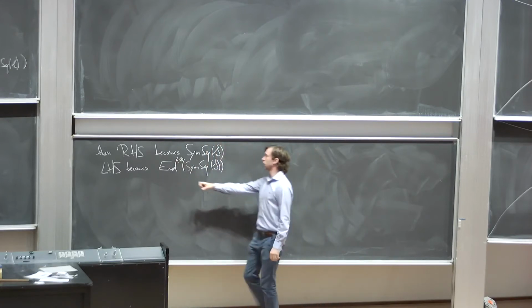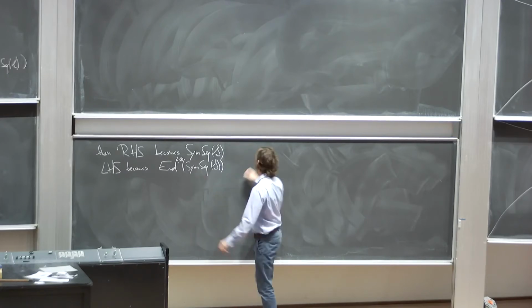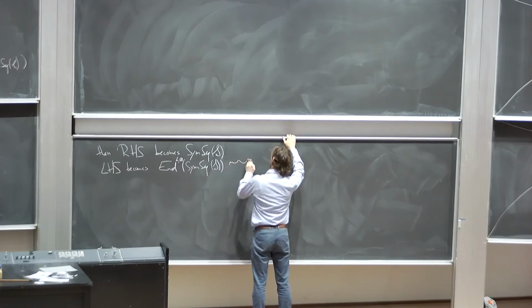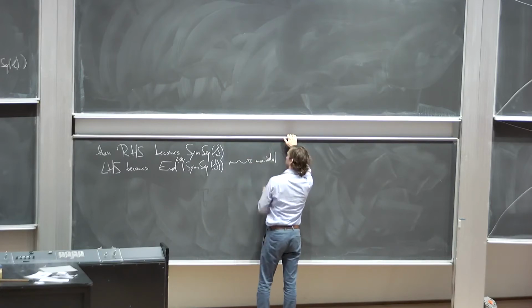But whatever, this is clearly monoidal, right? This has a composition. So this is monoidal under composition.